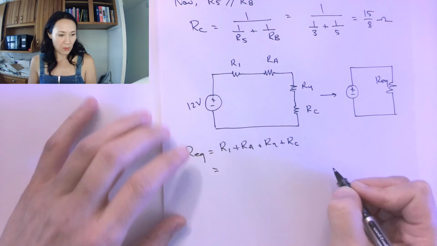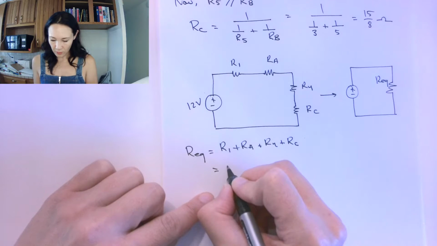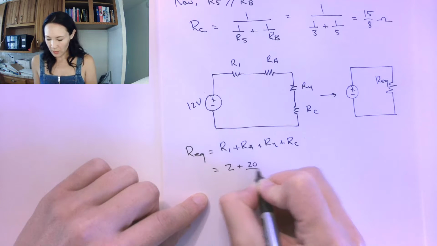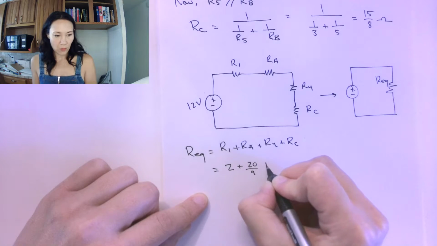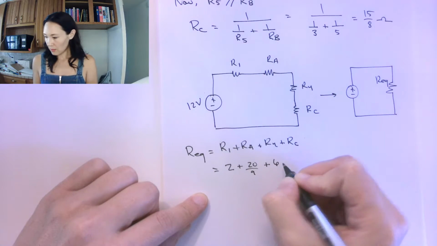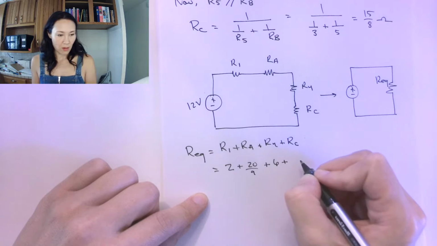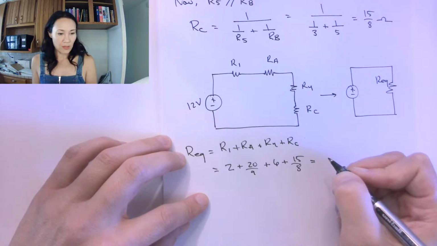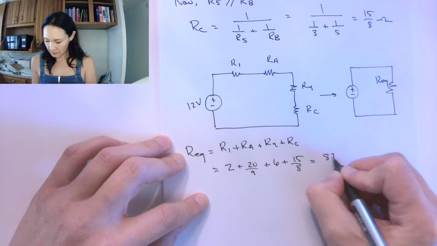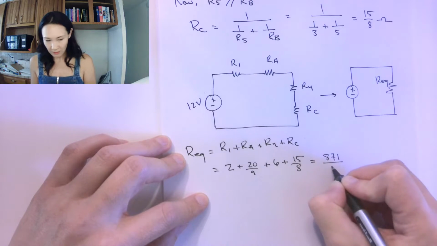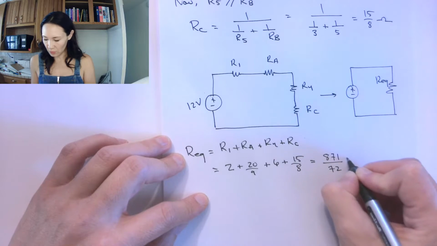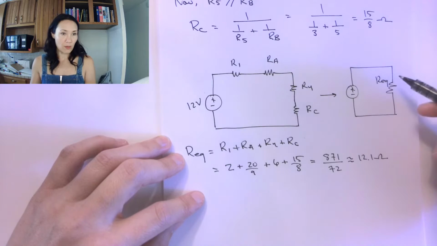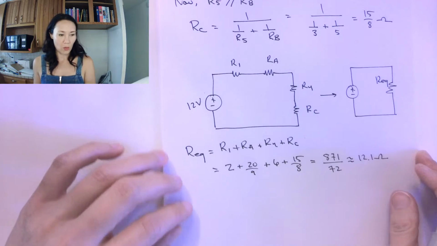So for our numbers, R1 was 2, RA was 20 over 9, R4 was 6, and RC was 15 over 8. So this ends up being, it's not really a nice number, but here it is. It's 871 over 72, which is about 12.1 ohms. Okay, so our equivalent resistance is about 12.1 ohms.